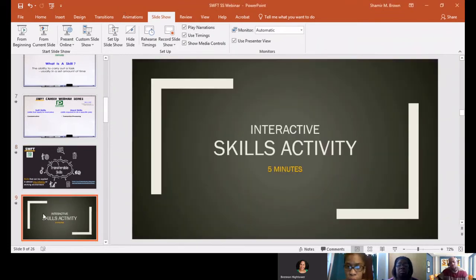What we're going to move towards now, we're going to take about 5 minutes. If you all could access a pen and paper or a pencil and paper, I'd like for you all to list about 4 to 5 soft skills you have, 4 to 5 hard skills you have, and then at least 3 transferable skills that you feel that you have or that you might like to have.